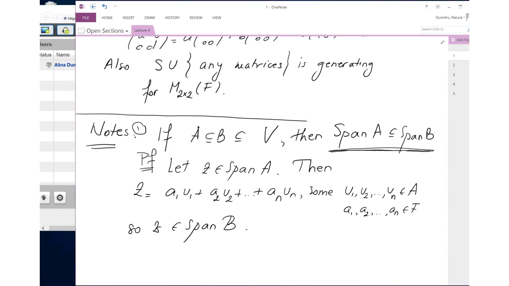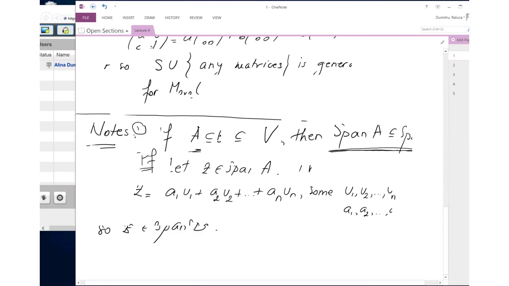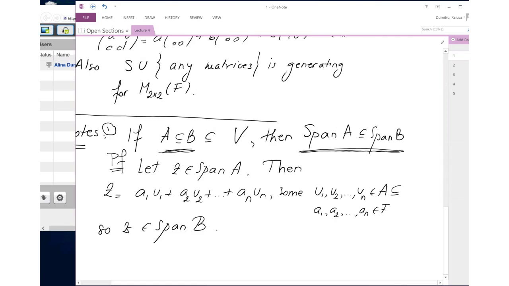What does it mean to be in the span of B? It means it should be a linear combination of vectors in B. It is a linear combination of vectors in A. However, A is a subset of B. So all those elements U1 through UN, being elements of A, are in particular elements of B. So I can see Z as being a linear combination of vectors in B, therefore it belongs to the span of B. Okay, so whatever you have between A and B is preserved at the level of their spans.